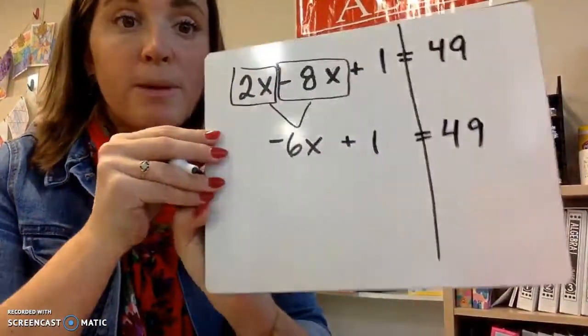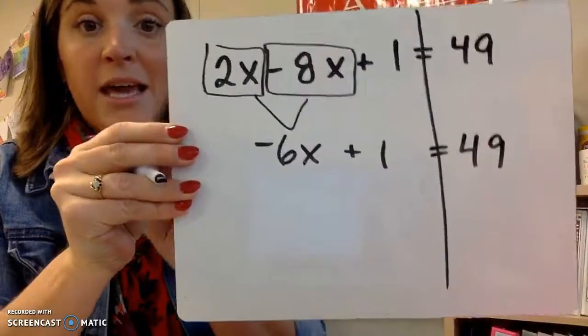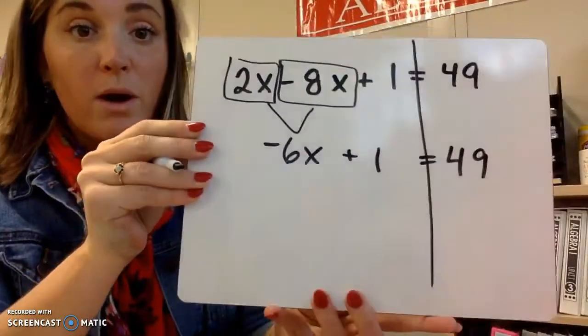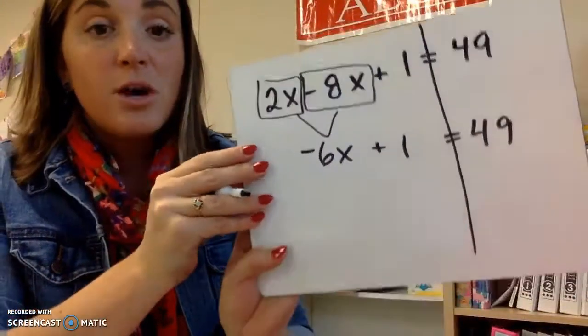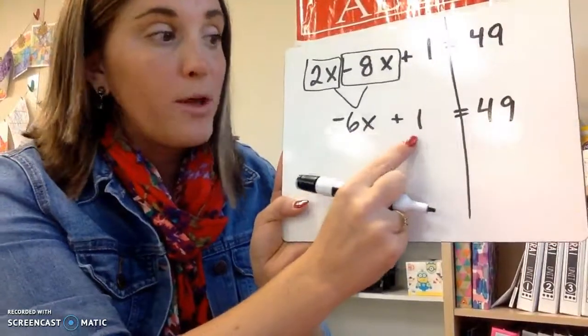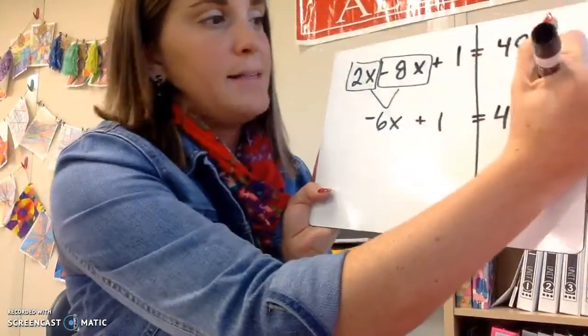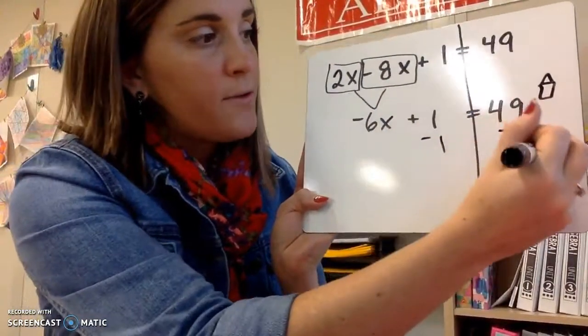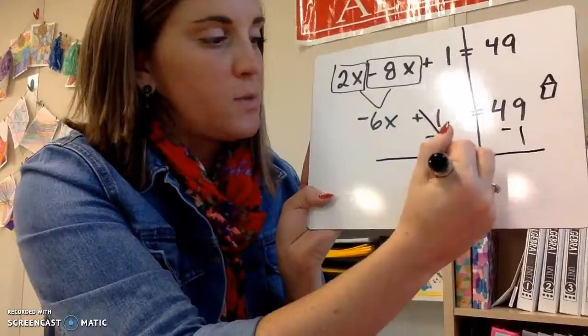If you distribute and combine like terms correctly, ideally you're ending up with a two-step equation, and that should look really familiar to what we worked on last week. In this case, your x, negative 6, is your date, plus 1 is your third wheel, and the side with the 49 is home. So you want to subtract 1 first because that's the opposite of plus 1.